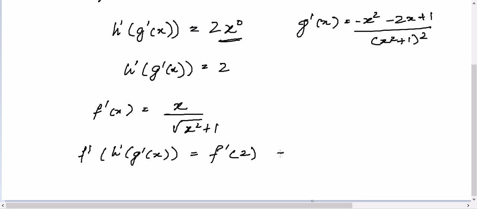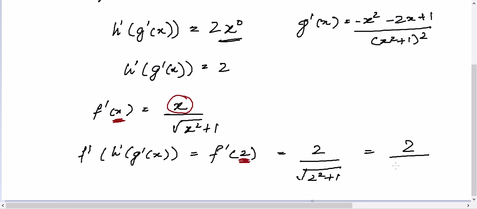What we are doing, guys, is in place of x we are just substituting 2. Here we had x, so now in place of x there is 2, so we just write 2 in place of x. Under root, in place of x we have 2, so we write 2 square plus 1. Cool. So it will be 2 divided by under root 5. That's the answer, guys. Thank you.